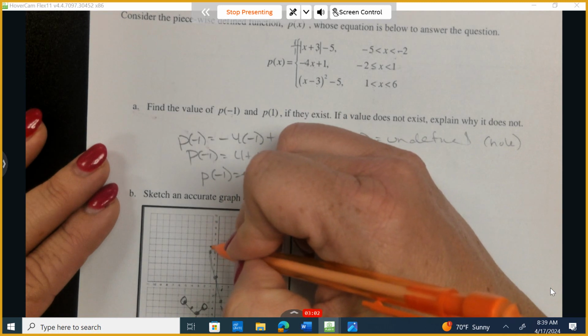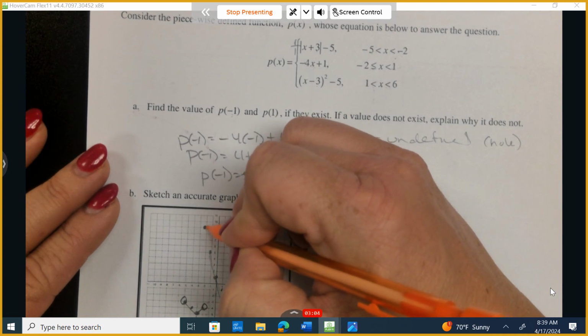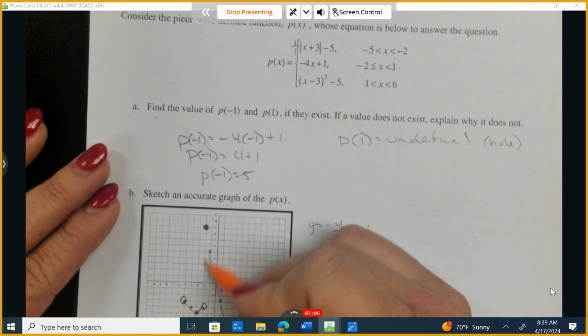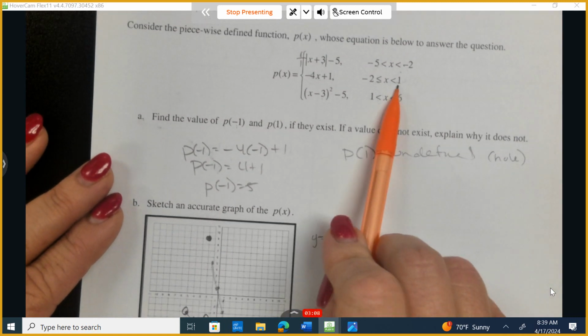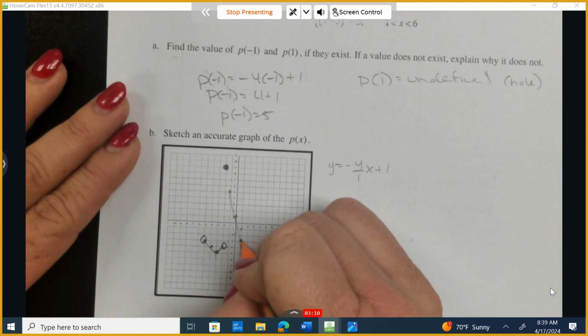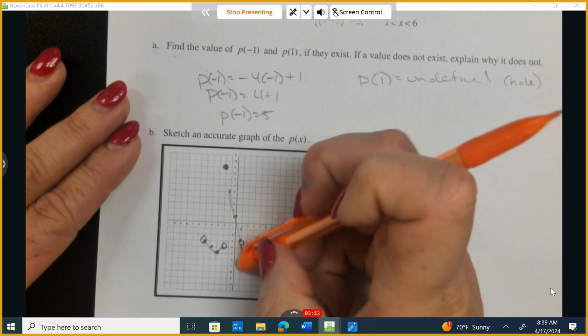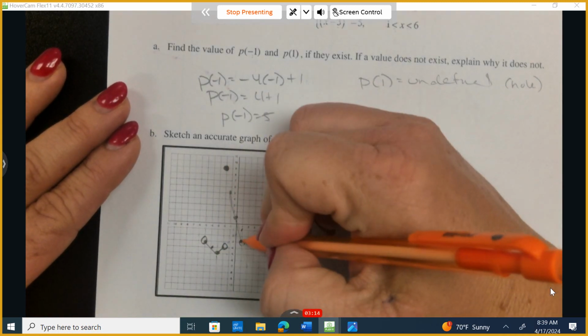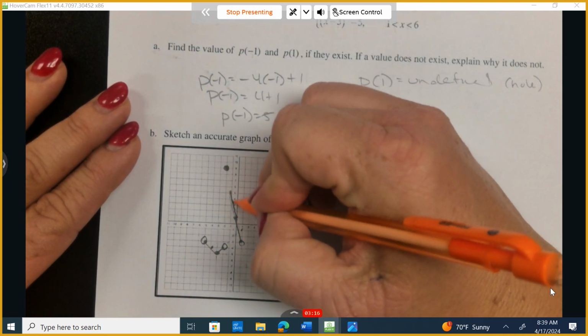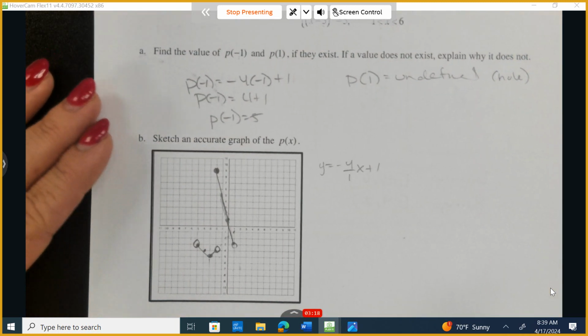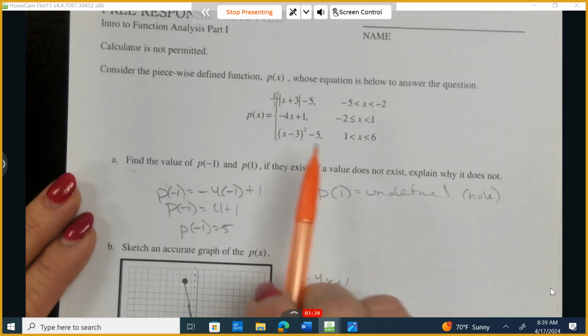So I got to go one more over, 1, 2, 3, 4. So closed dot at -2, I've got it, and do an open circle at +1. So this will have an open circle. All right. Okay, let's go on to the next one.